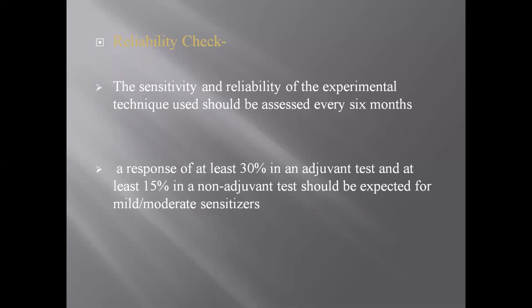And in a properly conducted test, a response of at least 30% in an adjuvant test and at least 15% in a non-adjuvant test should be expected for mild to moderate sensitizers.